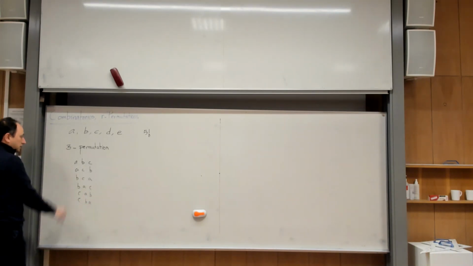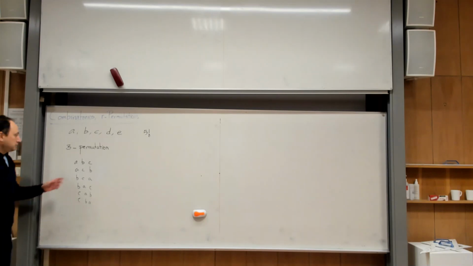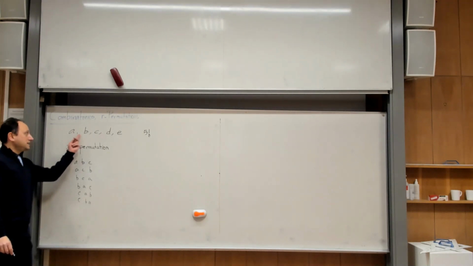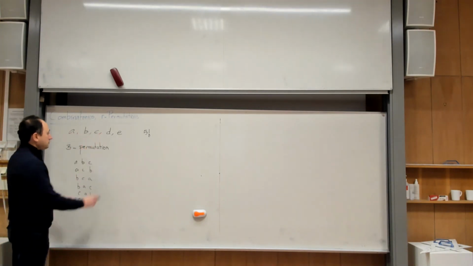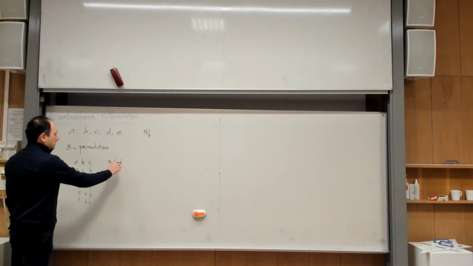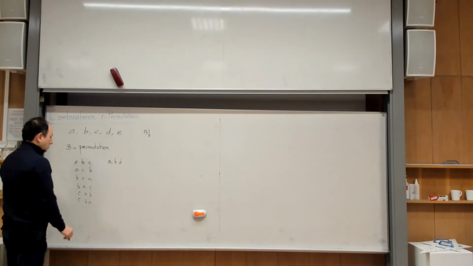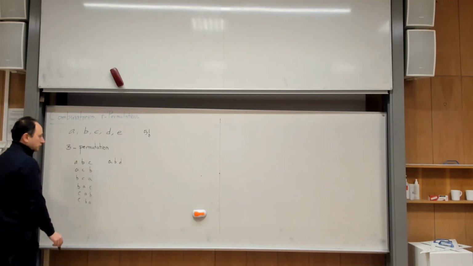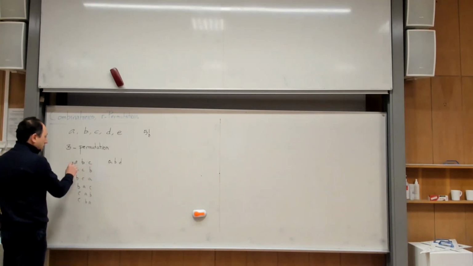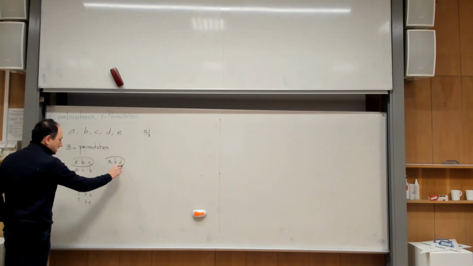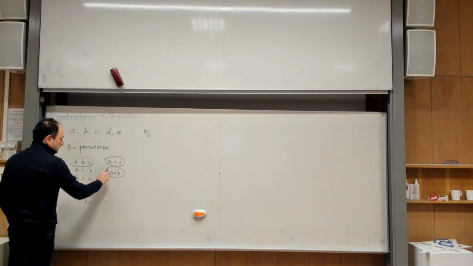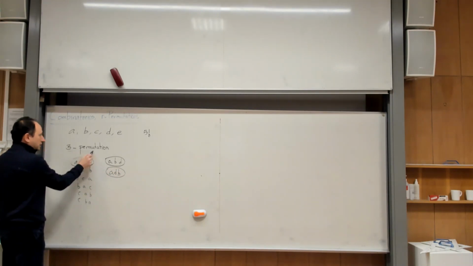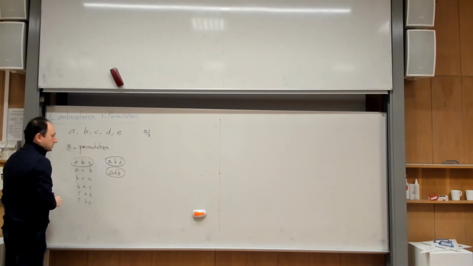So these are all possible permutations if I choose these 3 items. I can choose A, B, and D, for example, and then I can arrange them again in 3 factorial ways. Each one of these things that you see is called a 3-permutation of these 5 objects.